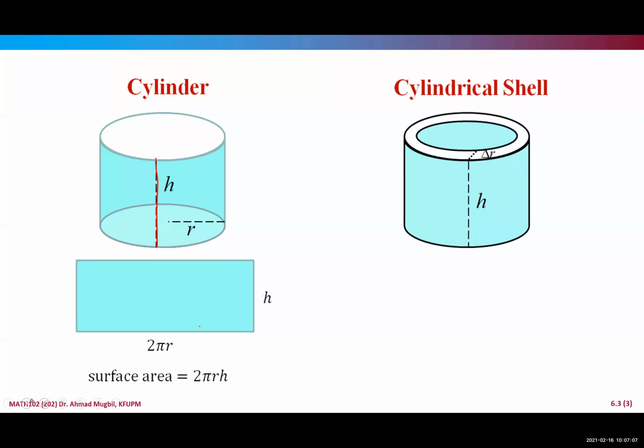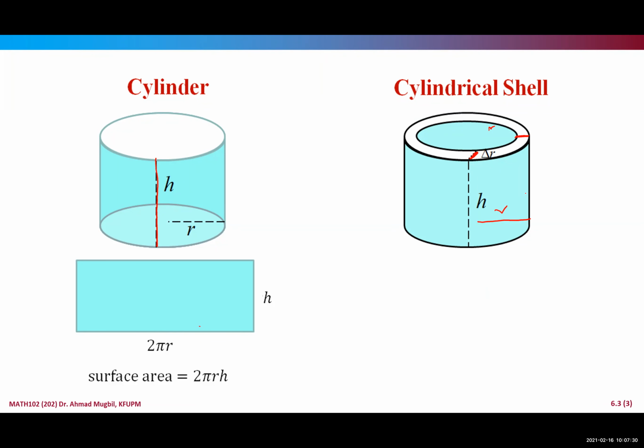Now, when you have a thickness, of course, you have some thickness here. This is a 2D object. If it is 3D like this, you have the third dimension here, let's call it dr. So for example, this is r. Here we will call this small part dr, because we were having r.